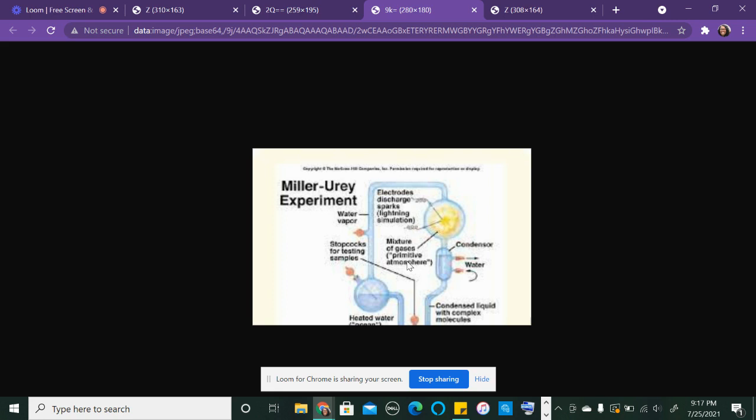So from this experiment in the 1950s, we go to a scientist named Lynn Margulis in the late 1960s, who questioned how individual cells could eventually evolve from this.